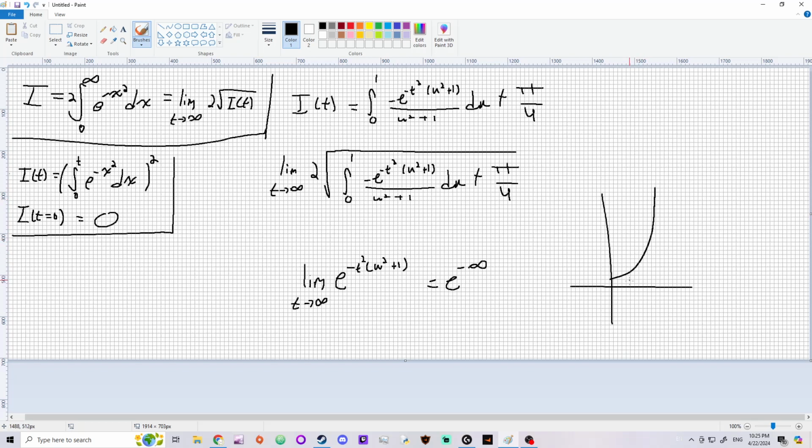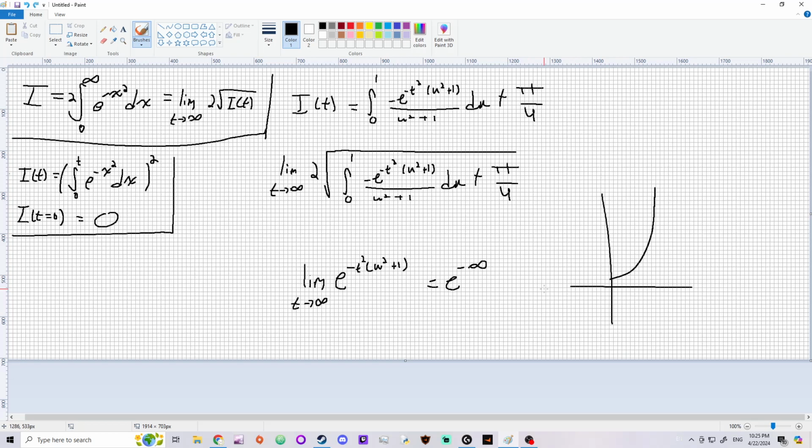It's an exponential, but what's going on on the other side? It approaches zero. Something to the power of negative infinity is generally going to be zero.